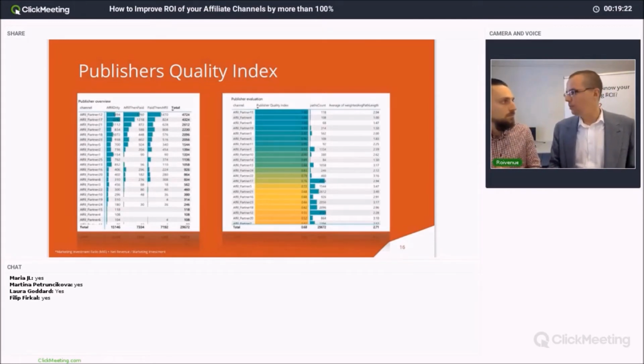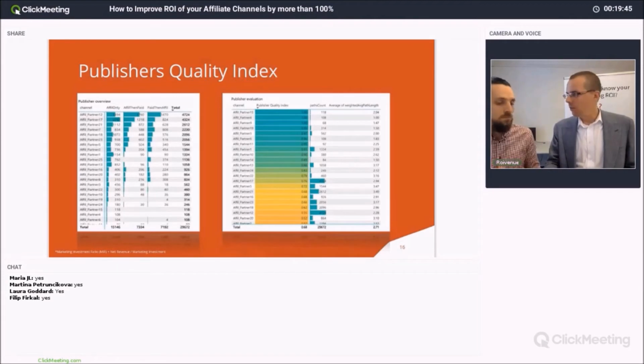Basically, we made an index which shows how they behave and what the probability is towards each journey type. If we claim that affiliate in a closing role is the worst case scenario, we calculated each partner's tendency towards this journey, and you can index all the partners and rank them.